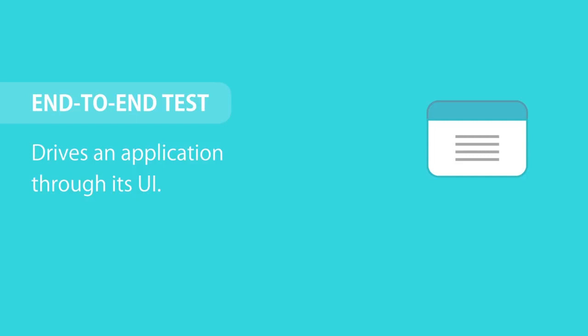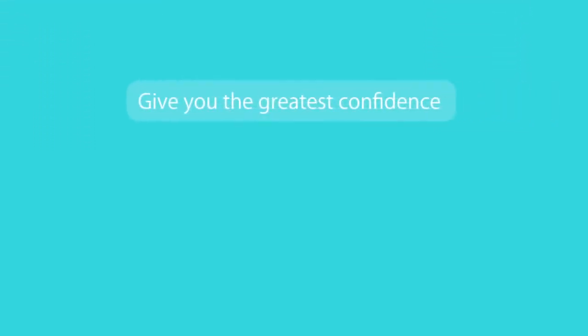One popular tool that you might have heard of is Selenium, which allows us to record the interaction of a user with our application and then play it back and check if the application is returning the right result or not. These tests give you the greatest amount of confidence about the health of your application, but they have two big problems.